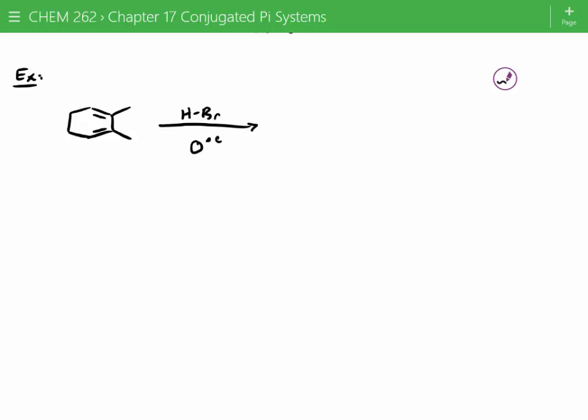You guys think it matters which alkene we use as our nucleophile? No, because it's symmetric, right? This is in the same chemical environment as this alkene, so it doesn't matter which one you use.